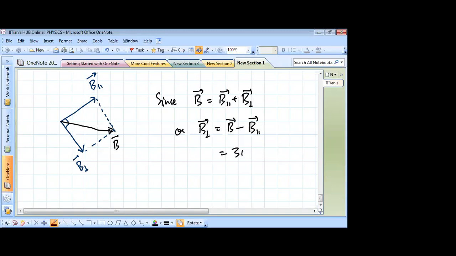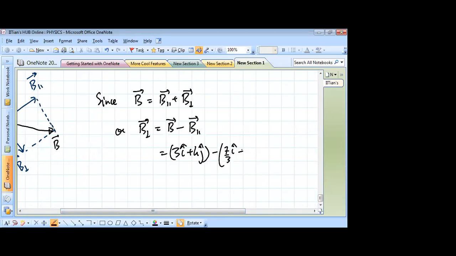So the vector B itself was 3 i cap plus 4 j cap, and the parallel component we had just calculated above was 7 by 3 i cap plus 7 by 3 j cap minus 7 by 3 k cap.